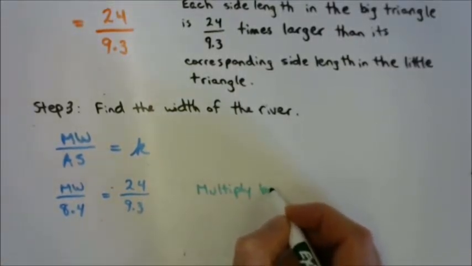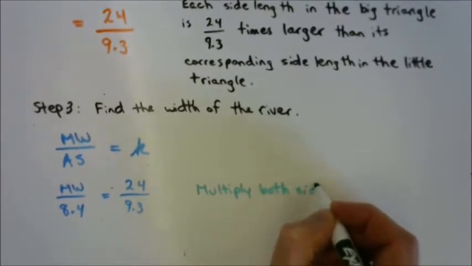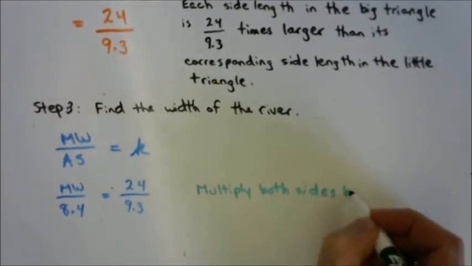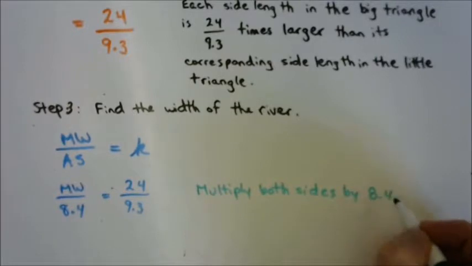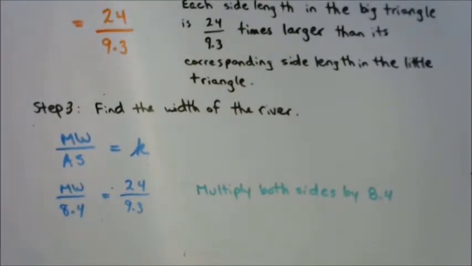Multiply both sides by 8.4. So on the left, all I'm left with is MW. And on the right, we have 24 over 9.3 times 8.4.